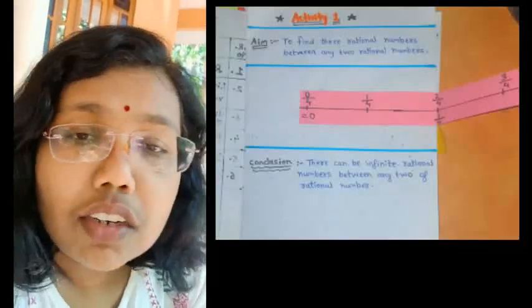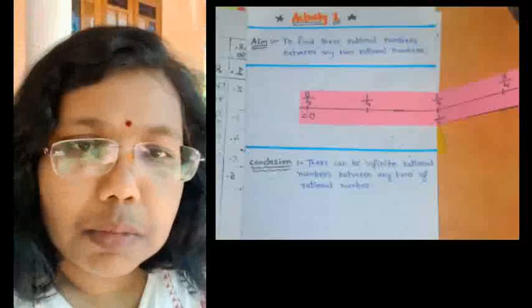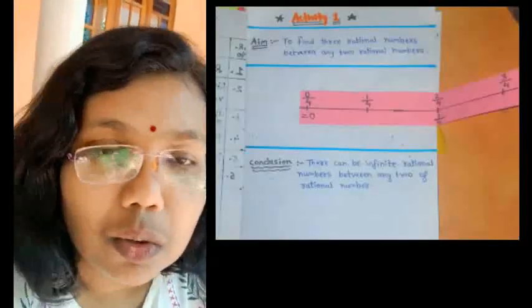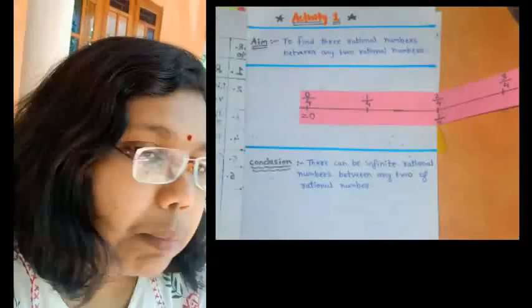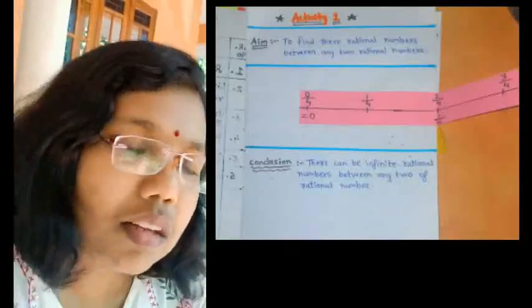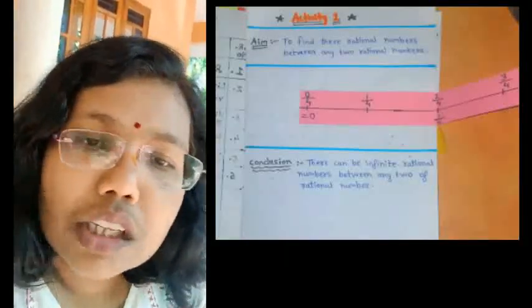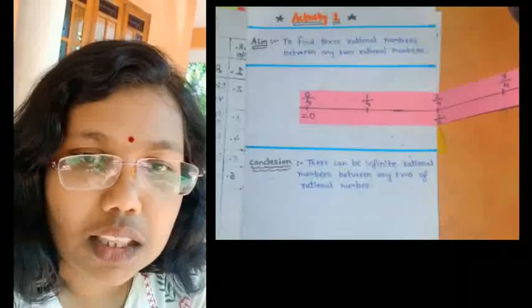So there are infinitely many rational numbers between any two rational numbers. That was our conclusion. It was conclusive because of the paper folding method and the length of the paper, since it can be as long as we want. It was easy for us to understand that.